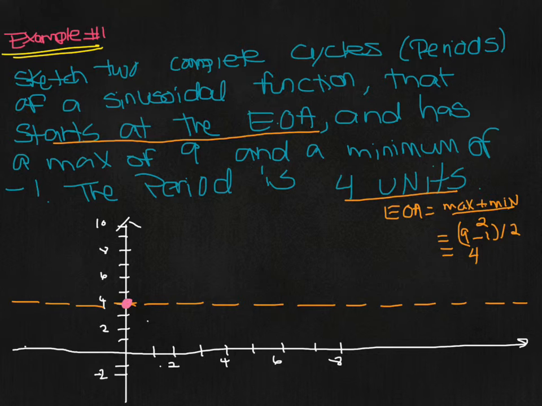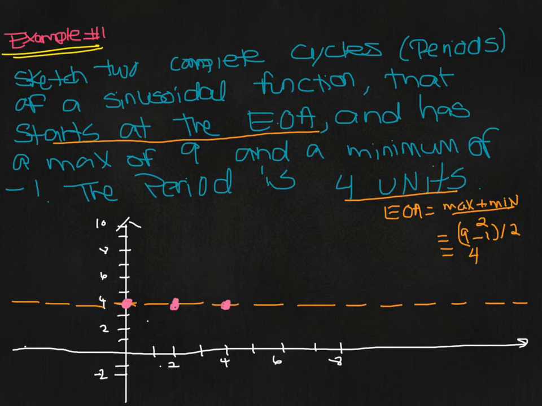If I start on the equation of axes, I have to end at the equation of axes. So I know that at 4, I'm going to have another point on my equation of axes. Now I also know that I'm going to go through a max and a min, which means that I'm also going to have another equation of axes point right in the center of my 2 endpoints. So I'm going to have one right in the center here.